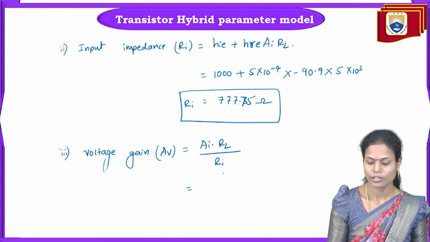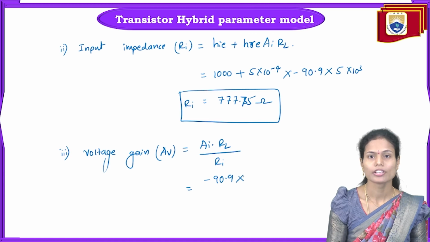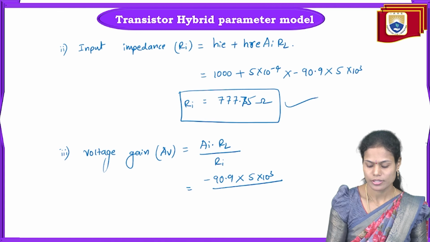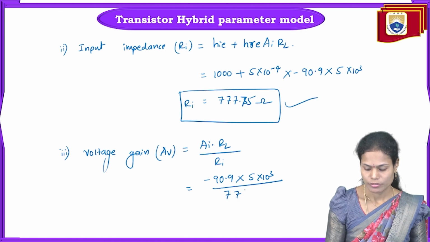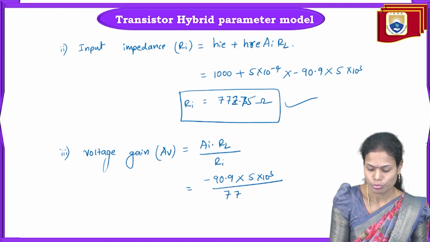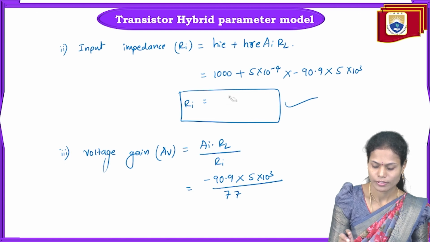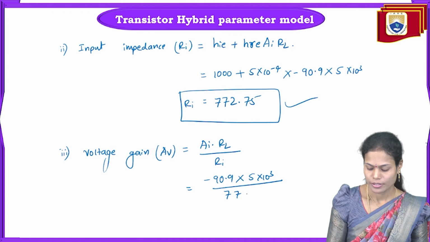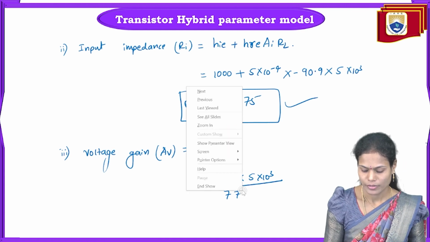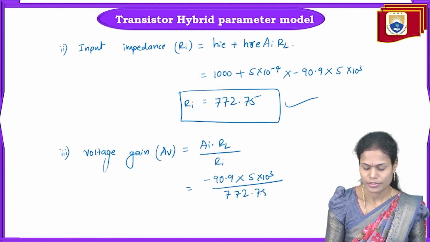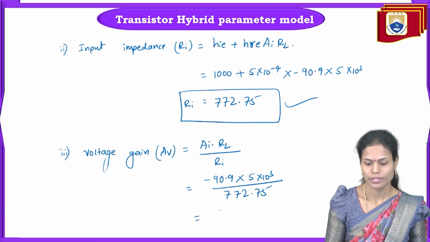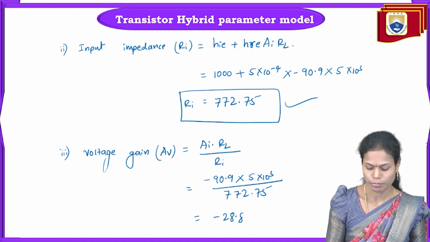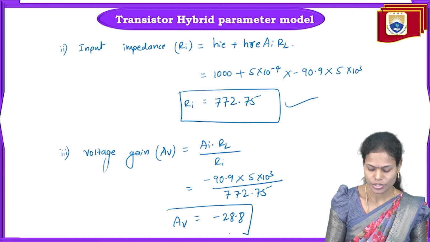So current gain value is minus 90.9 and the load resistance value is 5 kilo ohms and the input resistance is 772.75. So if we simplify it, we will get minus 28.8 as the voltage gain value.